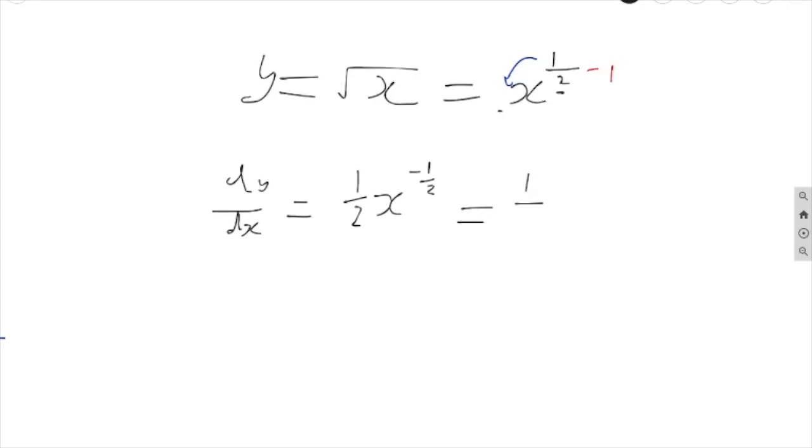So that's 1 divided by 2 times, now x has a negative power, so it's going to be something over x. We have the power of minus 1/2, so you could argue a division by square root x, but surds don't really like to work out that way, so for now we'll just keep things in index form because it works and it's convenient if we want to find something else.